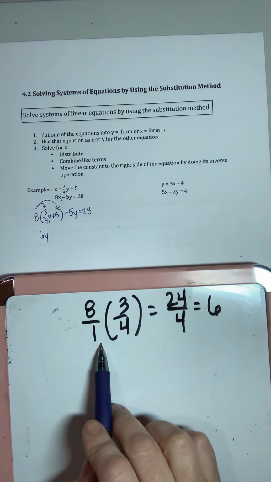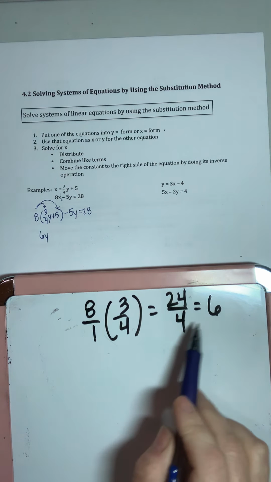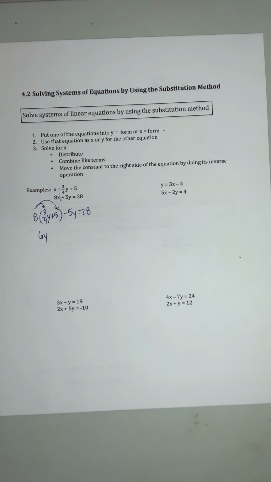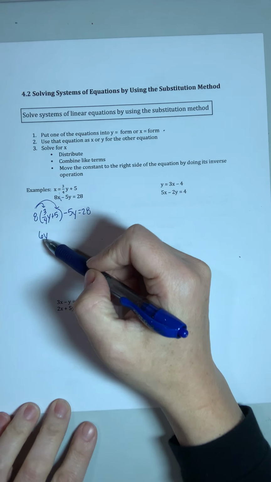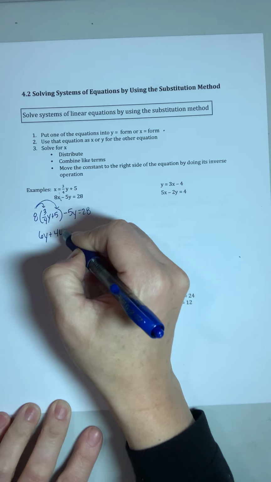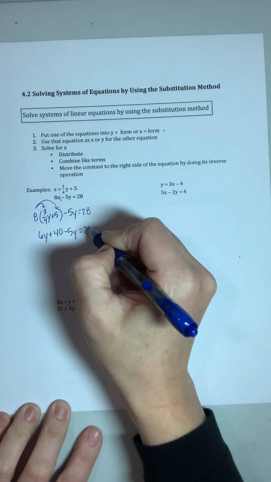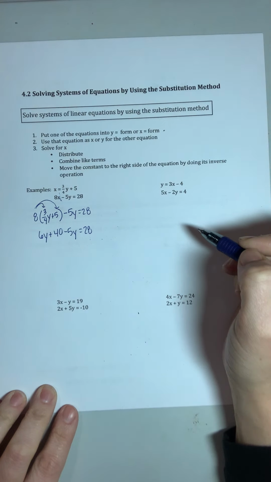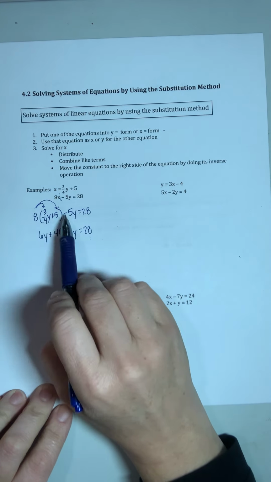But it's 8 over 1, 3 over 4, 8 times 3, 1 times 4, 24 divided by 4 is 6. Okay. So I did 8 times 3/4 y and got 6y. 8 times 5 is 40, minus your 5y equals 28. Okay, so we did distribute, which is your multiplying.